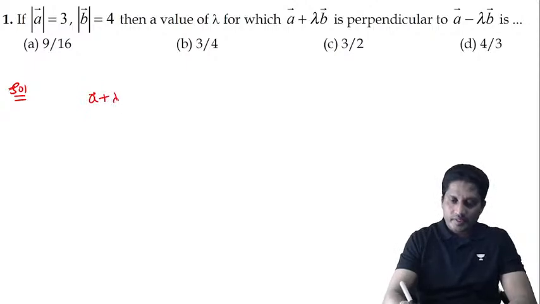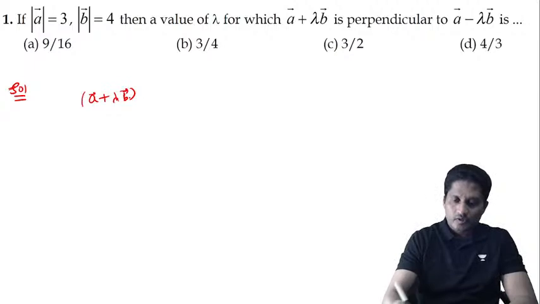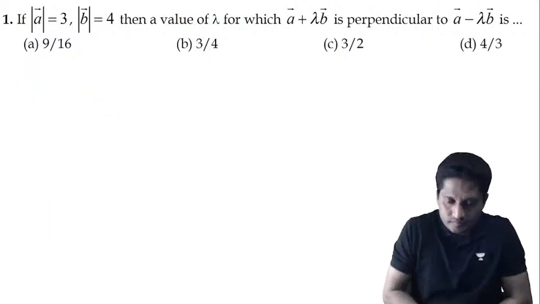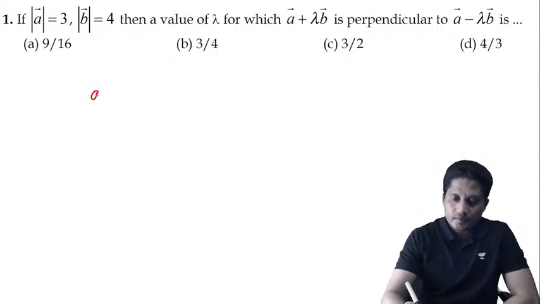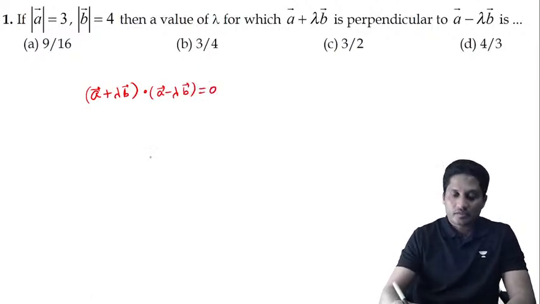A plus lambda b dot with A minus lambda b is equal to 0. A plus b into A minus b is A square minus b square.